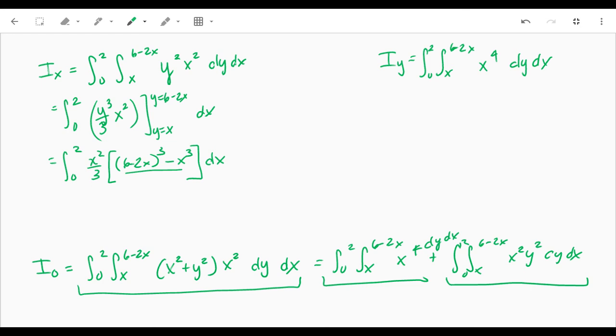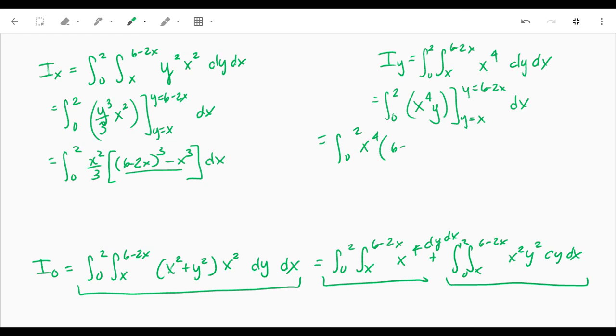Okay, but let's go over to the moment of inertia about the y. So we would have the integral from 0 to 2 of x to the fourth y, evaluated from y equals x to y equals 6 minus 2x dx. So we'd have 6 minus 2x and then minus x.